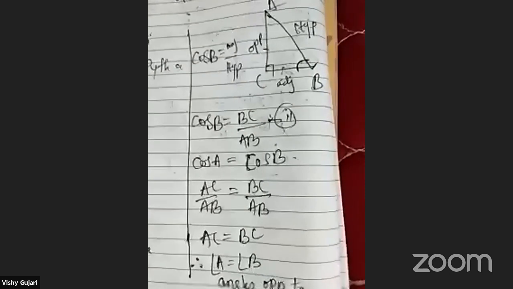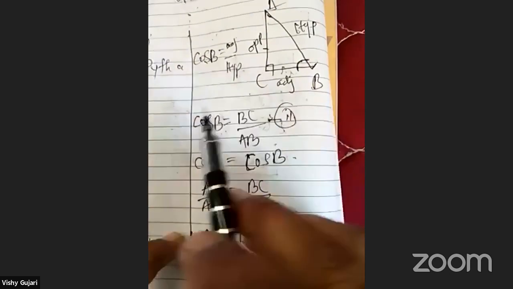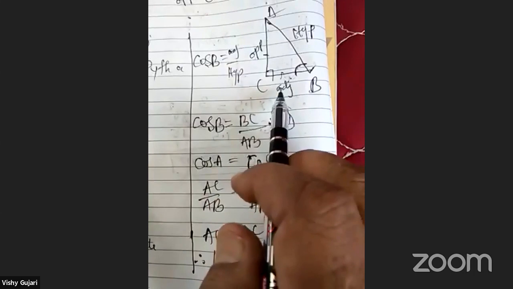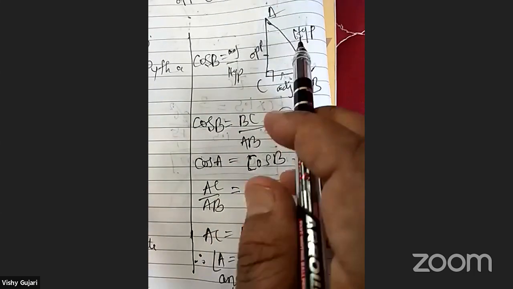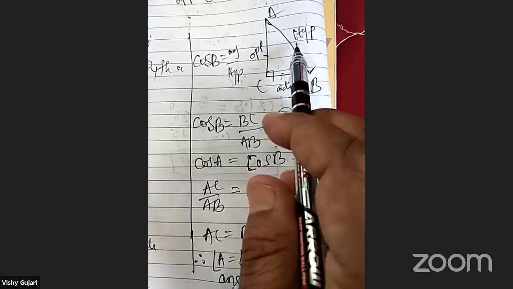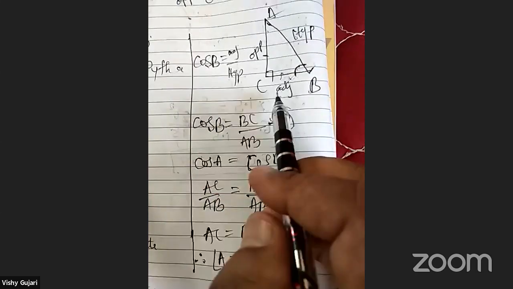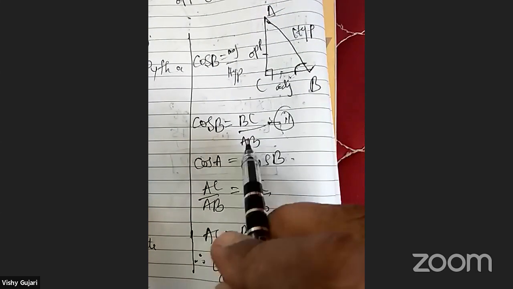Explain it once again, sir. In the beginning, you have taken cos A. Now you are taking cos B. Cos B means angle B you are marking. This will become opposite and this will become adjacent. This is as usual hypotenuse. Cos B means adjacent by hypotenuse. Adjacent is BC, hypotenuse is AB.